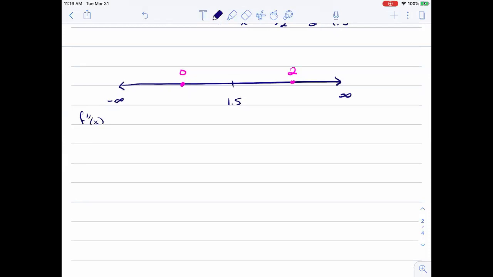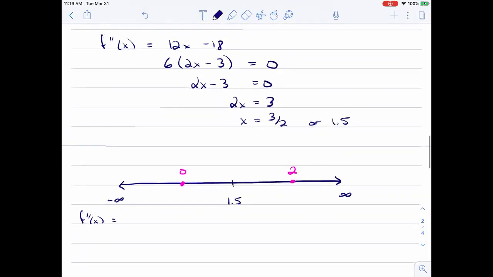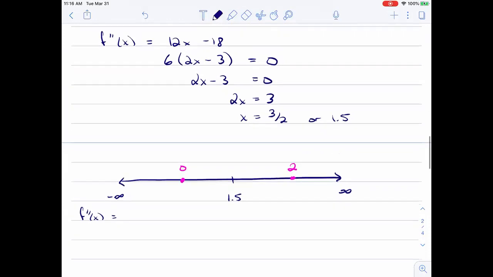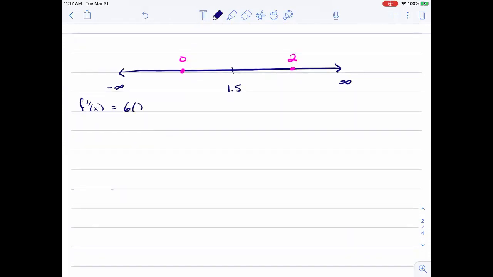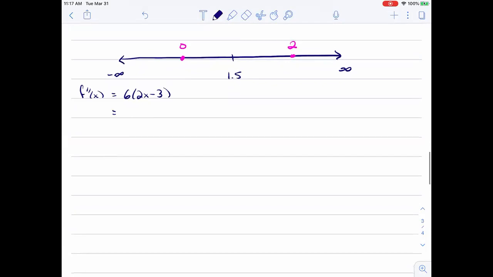F double prime of x, we decided was 6 times 2x minus 3. So 6 times 0 minus 3, and I guess I'm just interested in the sign.